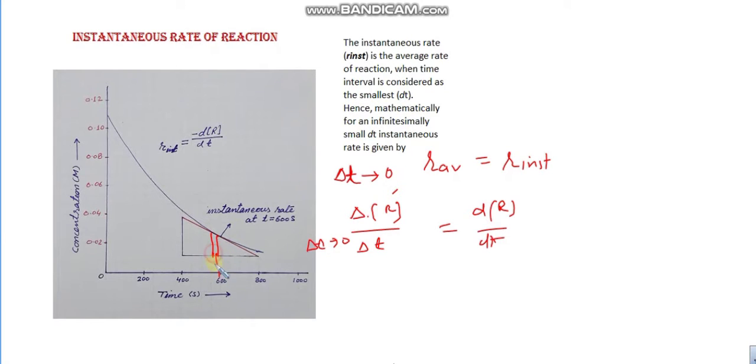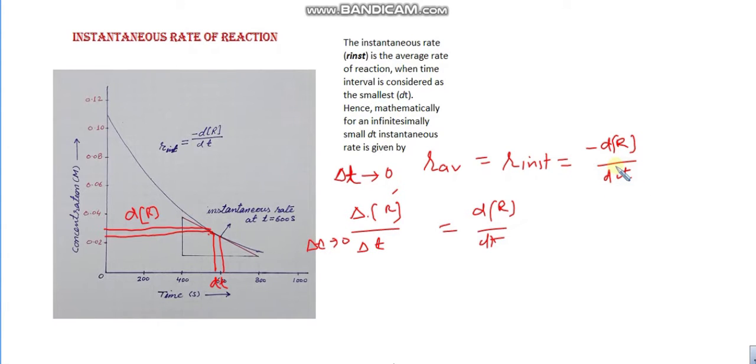You can take this gap is very small, this gap is dt, and its corresponding concentration is also very small here, and it is del r. So this is known as instantaneous rate. So with the help of diagram we can explain what is instantaneous rate, and with the help of this graph, here it will be minus del r upon del t.